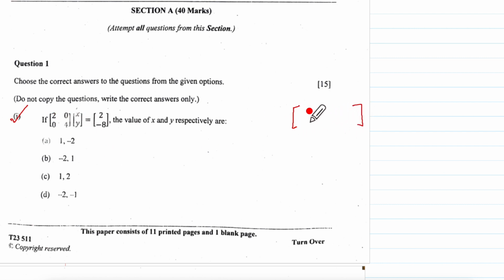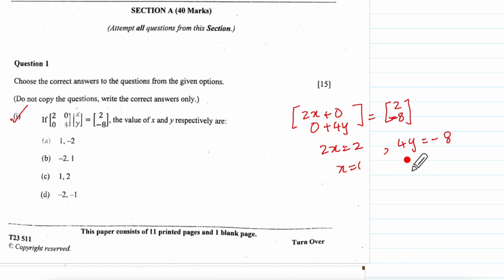It will be 2x plus 0, and here it will be 0 into x, that is 0, and 4 into y, that is plus 4y, and that is equal to 2 and minus 8 here. So we will have 2x equal to 2 and 4y equal to minus 8. So x is 1 and y is minus 2. So 1 comma minus 2, and this is our correct option.